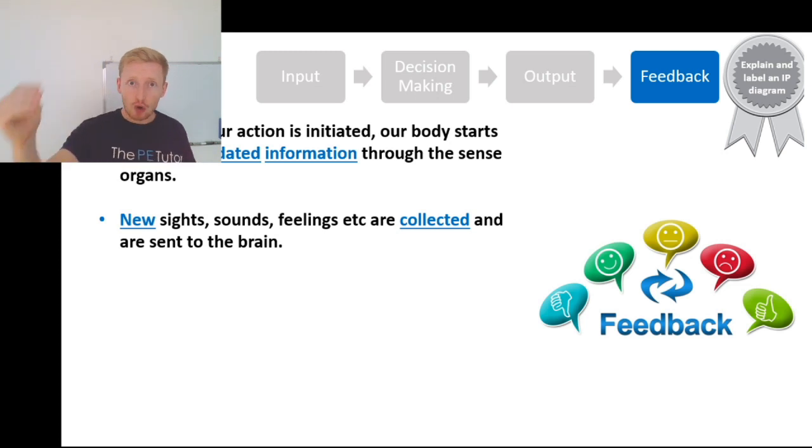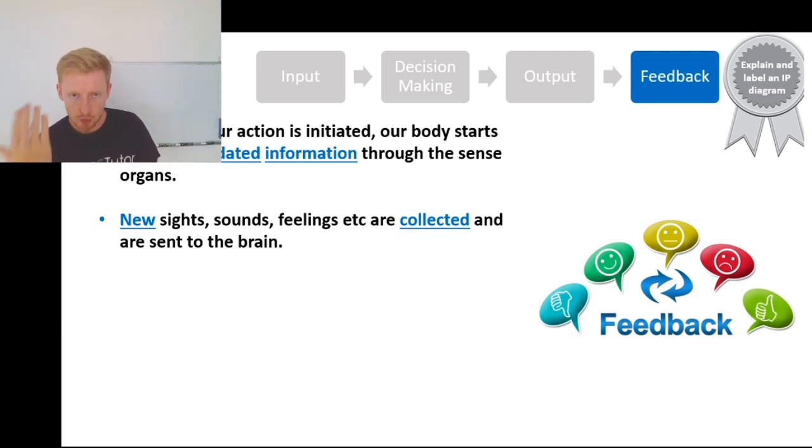So they need ongoing feedback from their receptors in their body, from their proprioceptors, their muscles, telling their brain, am I leaning too far left or right, forwards or backwards? And that can continually come in through the input systems, our sense organs, and it can update our short-term memory.